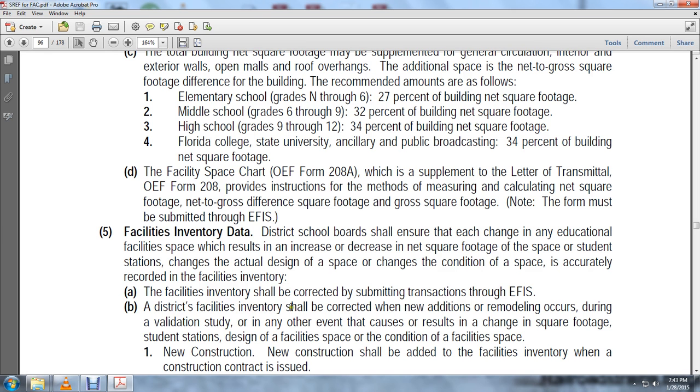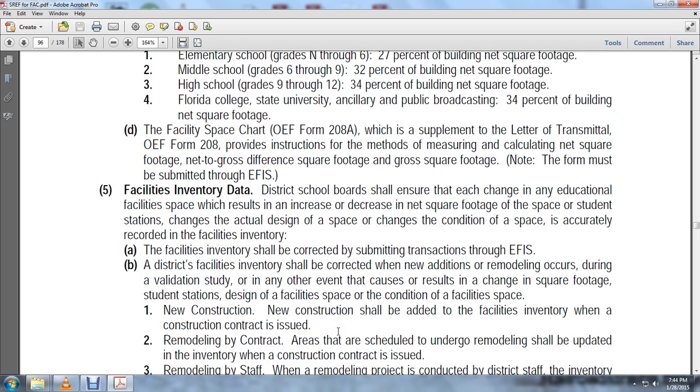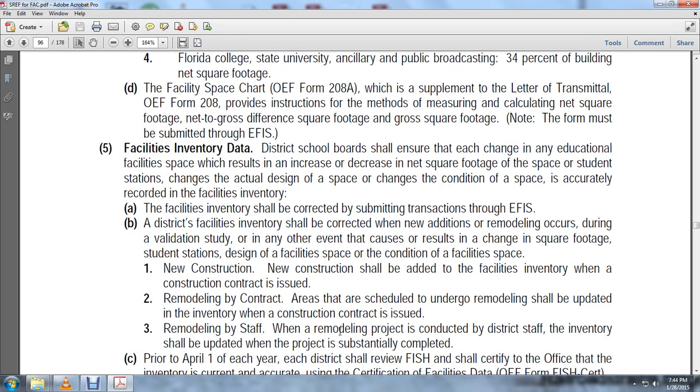District facility inventory shall be collected or corrected when a new addition or remodeling occurs during the validation, or any other event causes a change in the square footage, student station design, or facility space condition. New construction shall be added to the facility inventory when a construction contract is issued.